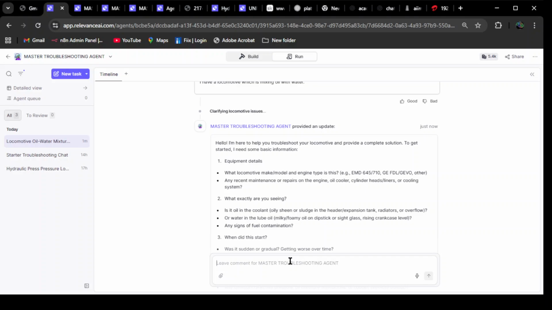So let me make up something here. The locomotive make and model. Let's say a diesel electric locomotive.